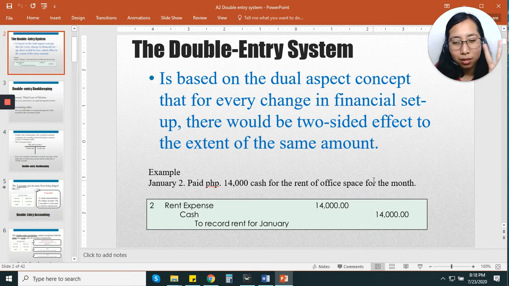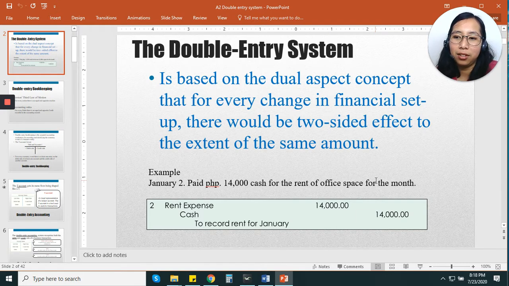That's why it says dual or double entry, because the minimum account titles affected in a certain transaction is two. By the way, this is what we call a single entry in journalizing. Why did I say it's minimum? Because you can actually record transactions in a compound entry.